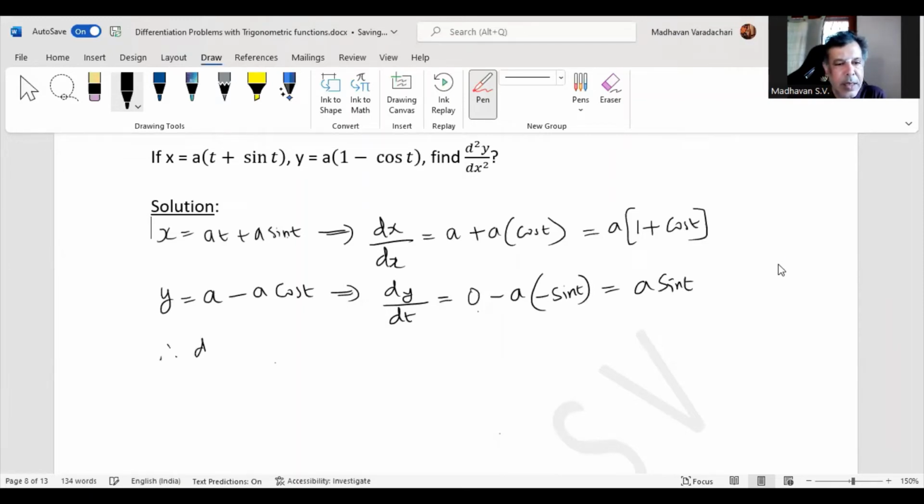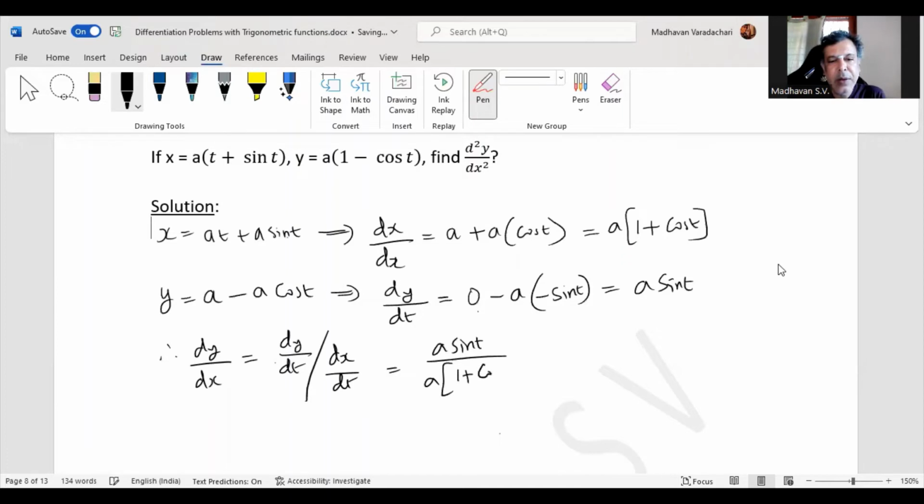Therefore, dy by dx, that is the first derivative, will be dy by dt divided by dx by dt, which will be a times sine t divided by a times 1 plus cos t. This a and a gets cancelled. We get sine t divided by 1 plus cos t.